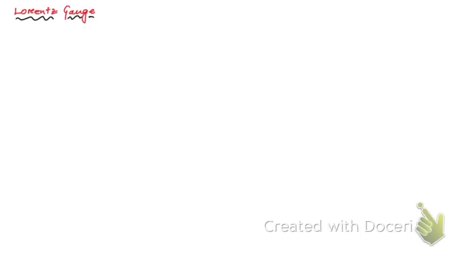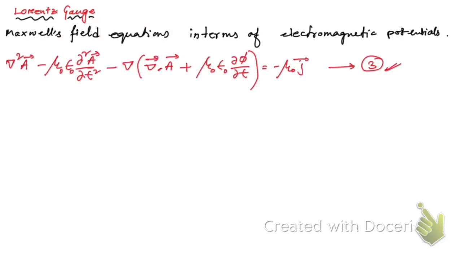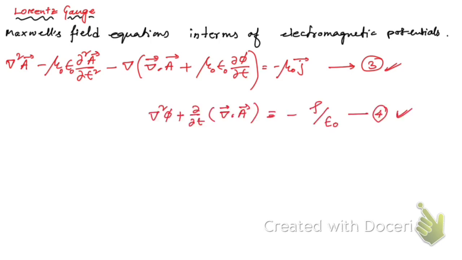Now you see, I hope you know the Maxwell equations in terms of vector and scalar potential. So let me write those two equations: Maxwell's field equations in terms of electromagnetic potentials, that means in terms of A and phi. I have taken these as equation number 3 and 4.